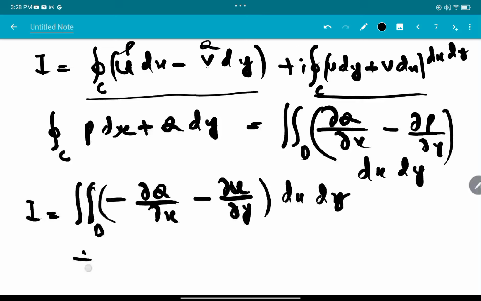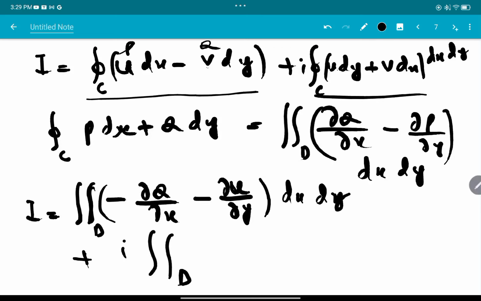The other part is for this. Now you have u dy, so p is again u here. But things have changed in the sense that you now have dy here. We should have written dx first and then dy. Anyhow, we have done it.